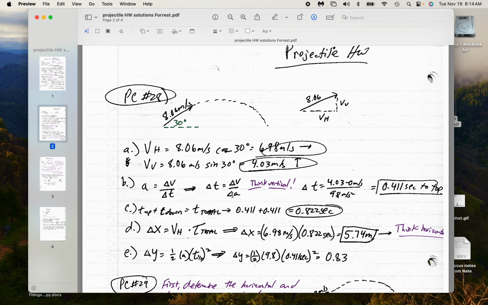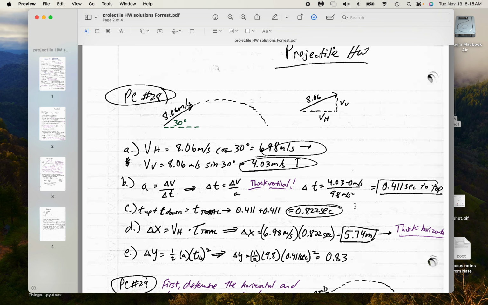And that's not a change in acceleration, so I might white that out. Yeah, you'll never know unless you look at this that I screwed up there. Okay, so looks like a little dot. Okay, so in this case that's about 0.411 seconds to the top, or the time down. So either way, then we multiply by 2 to get our total time.